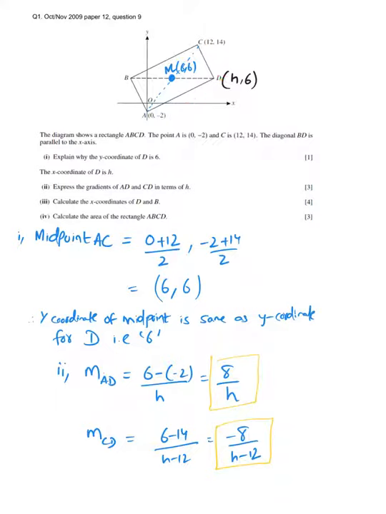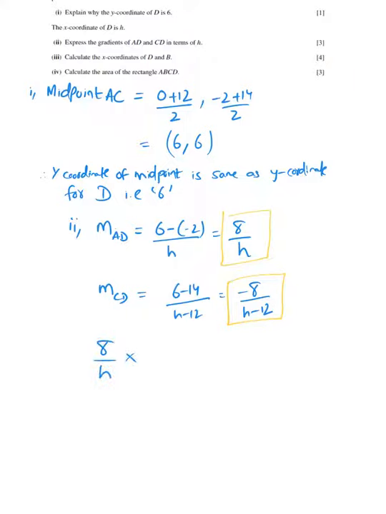So I can say that 8 over h times -8 over h minus 12 is equal to -1. This is the same concept as m1 into m2 is equal to -1. Now when I simplify this equation and solve for h, I will get the value of h.